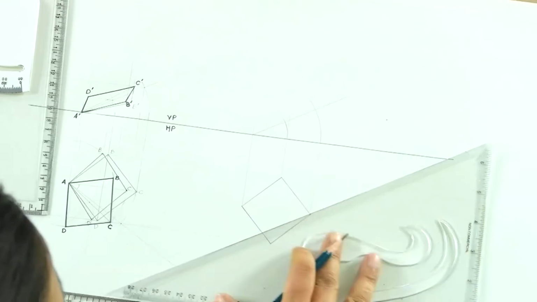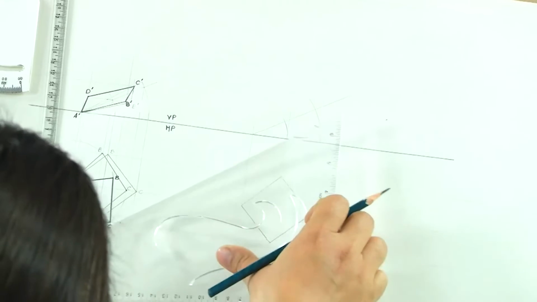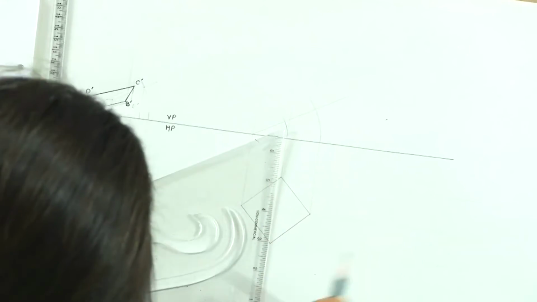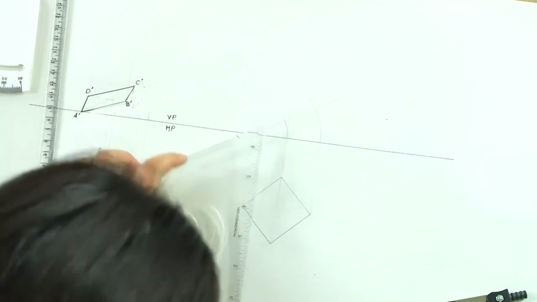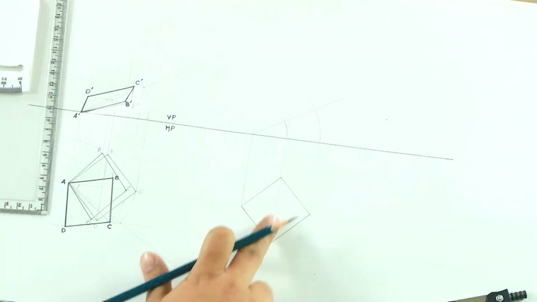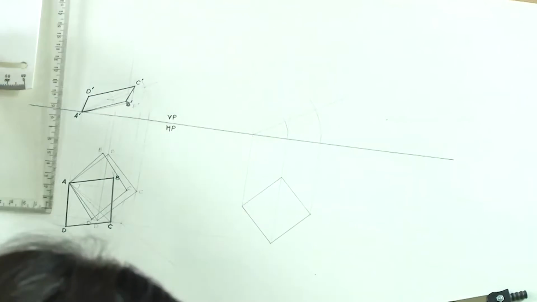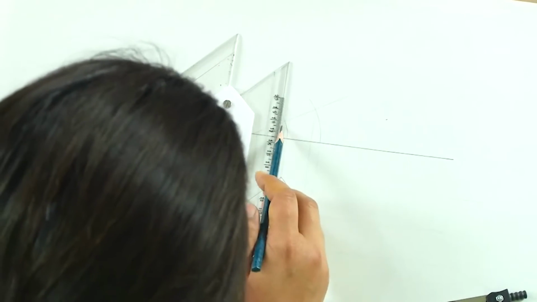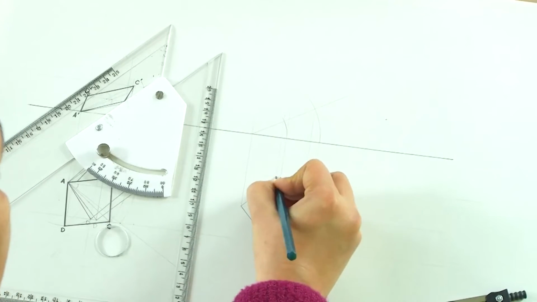So this diagonal AC, and let me also draw this diagonal BD for our reference here. So that's the diagonal BD. Now what we have now is this diagonal inclined. So we get back the projections. So what we have as a revised shape is this.